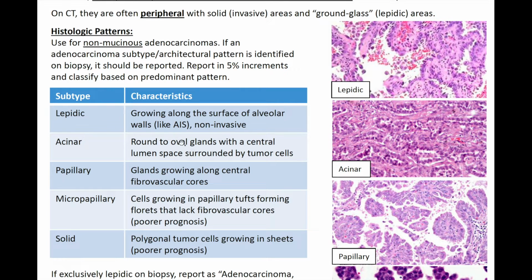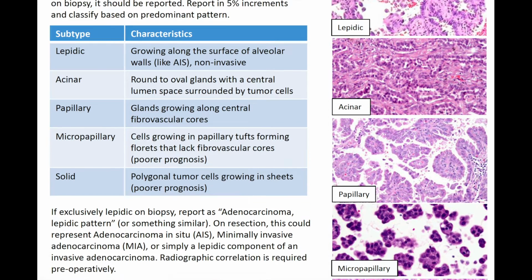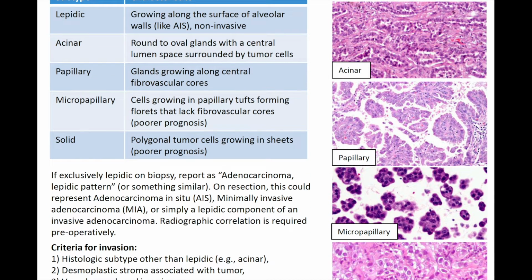With acinar, you're going to have round to oval glands with a central lumen space surrounded by tumor cells. Papillary, you're going to have glands growing around central fibrovascular cores, which we're familiar with from other aspects of pathology. Things that are papillary often involve fibrovascular cores. And if we lack fibrovascular cores, that's going to be micropapillary.